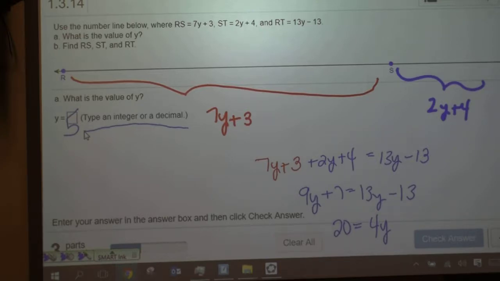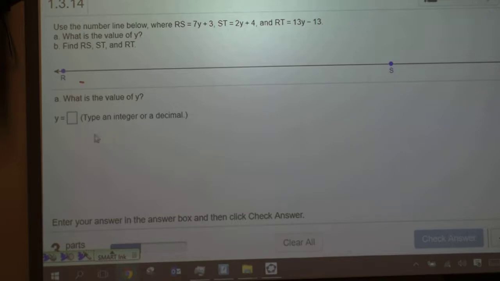And that becomes very important as you start to do some questions, because a lot of times this information here will tell you or lead you to an understanding of whether you've done things right or not. Say I go through all my work and I find y. Let's just say it says type an integer. That's all it says. And I find y to be 21.2.